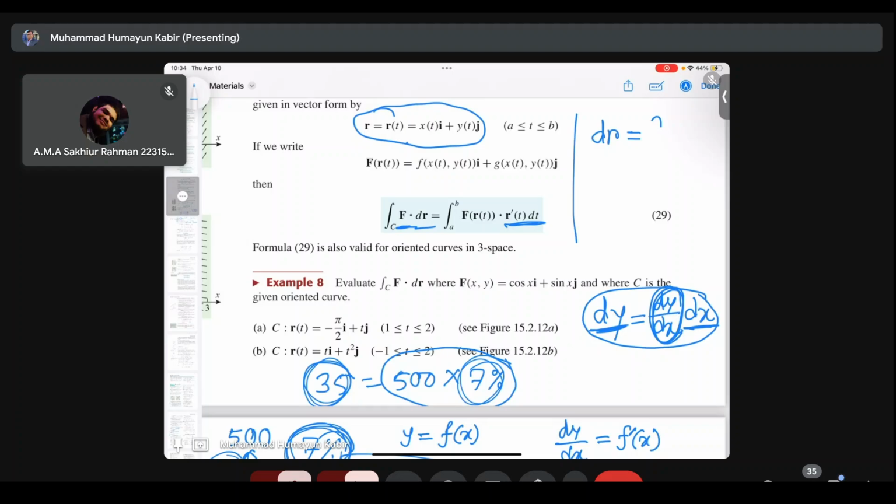Its value should be this one: the rate of change of r with respect to t and the differential of t. According to the relation, may I write this one? And finally, can I write this one?